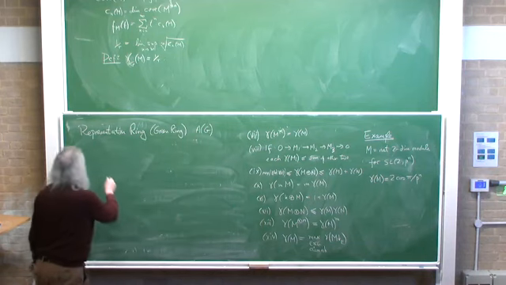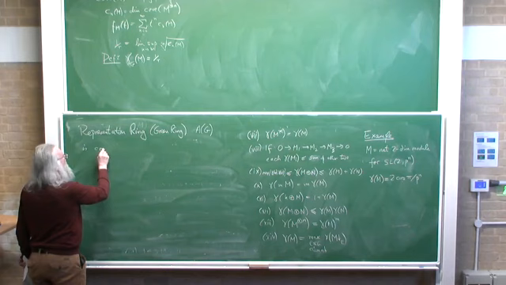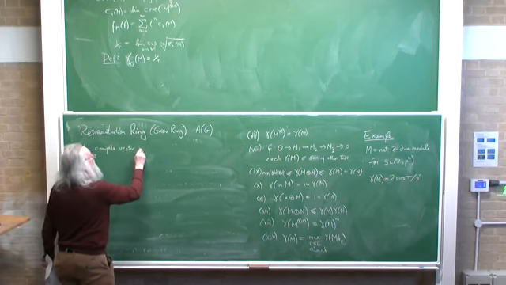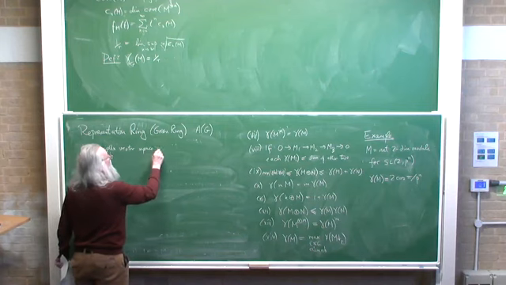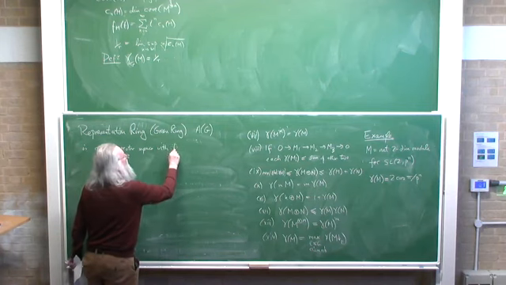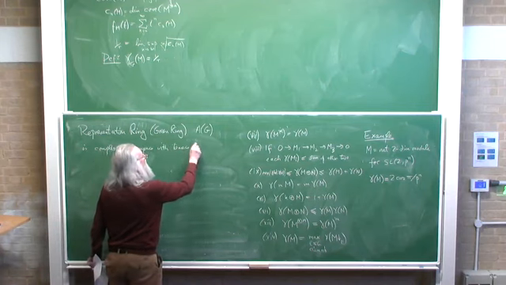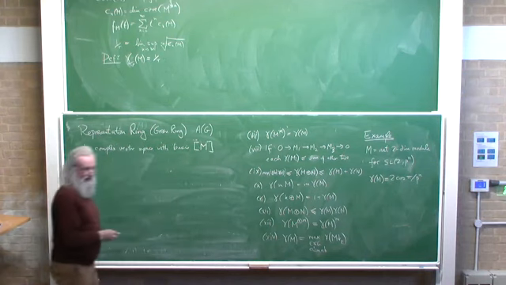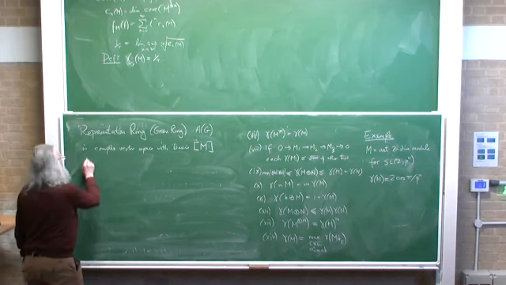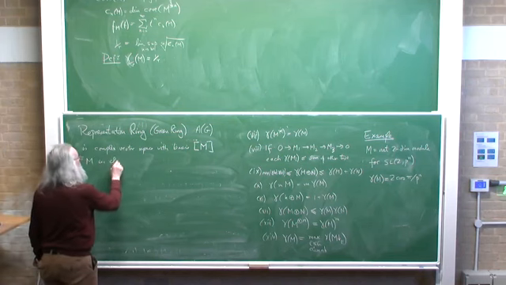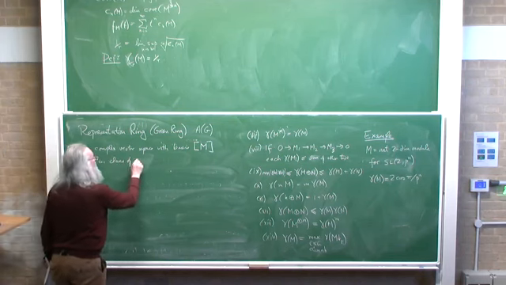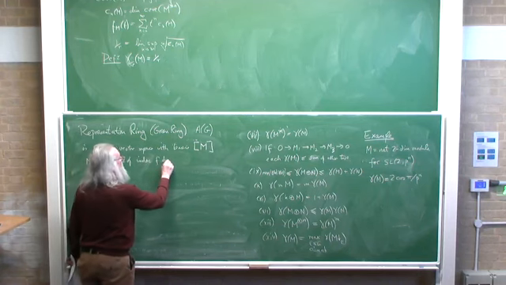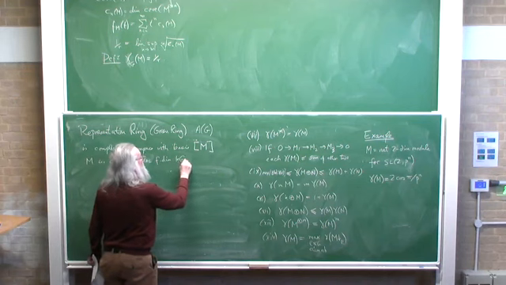So A of G is the complex vector space with basis symbols of the form brackets M, where M is an isomorphism class of indecomposable finite dimensional KG modules.